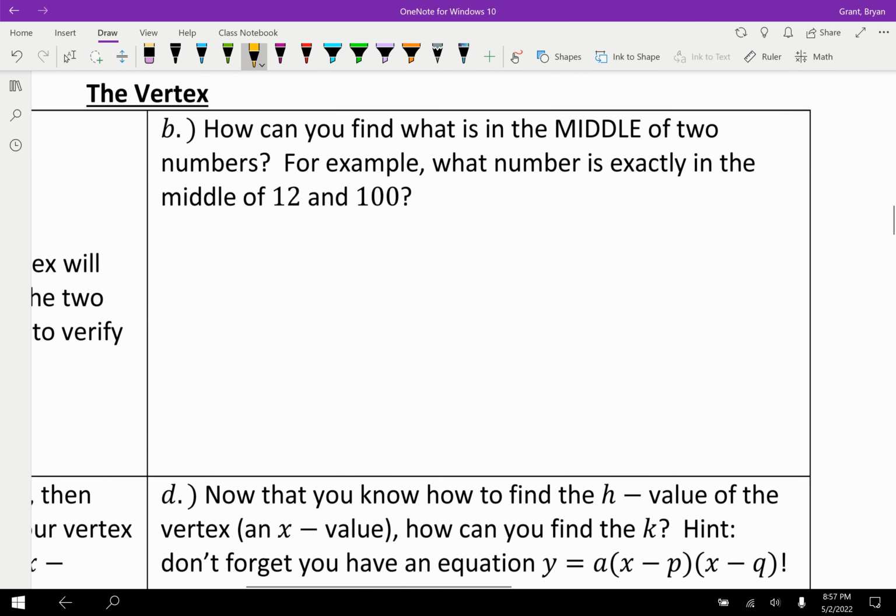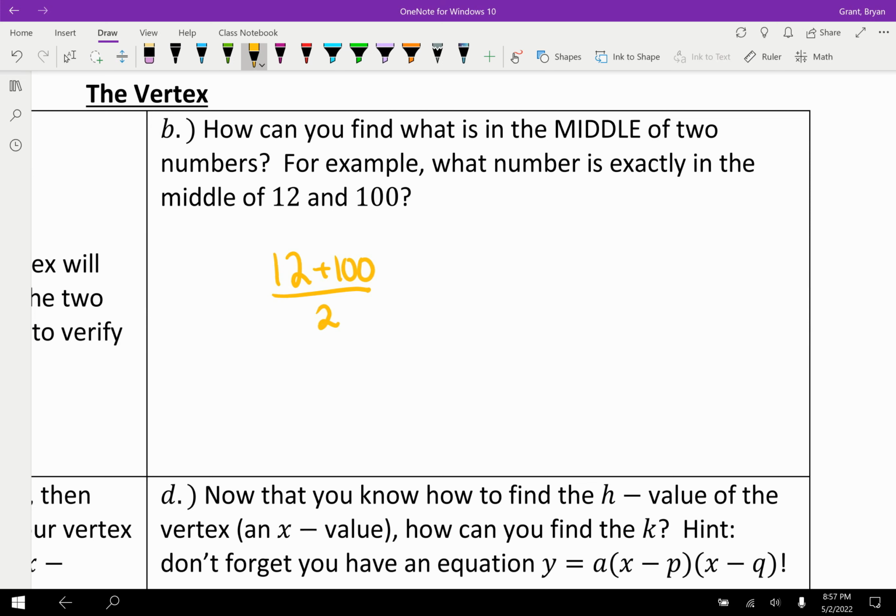Or for example, if I went a little bit further and I said, what's in between 12 and 100? Well, now counting gets a little bit tedious. I don't want to count between 12 and 100. So we have to think back to middle school math. How do you find what's exactly in between two numbers? The answer is you find the average, specifically the mean of those two numbers. To do that, you add the two numbers together, and because we're adding two numbers, we divide by 2.